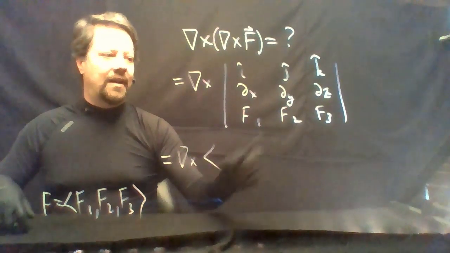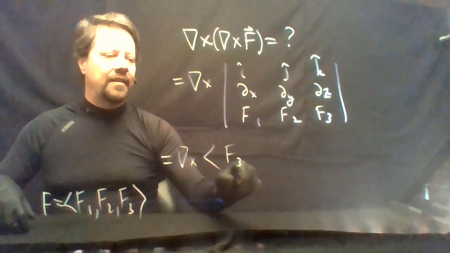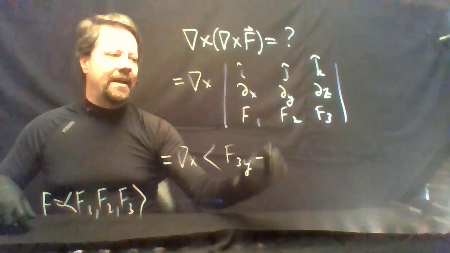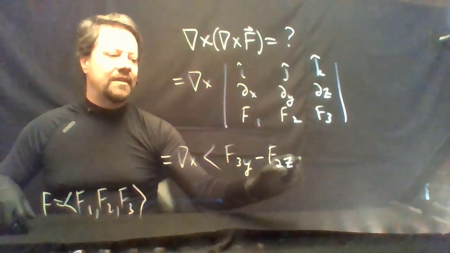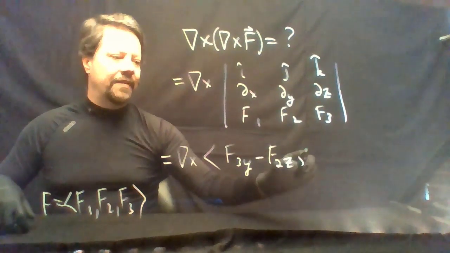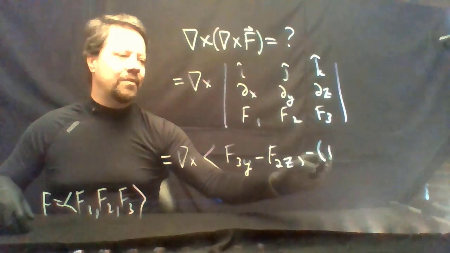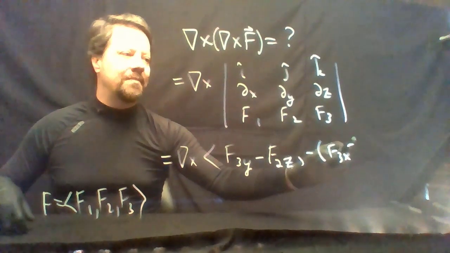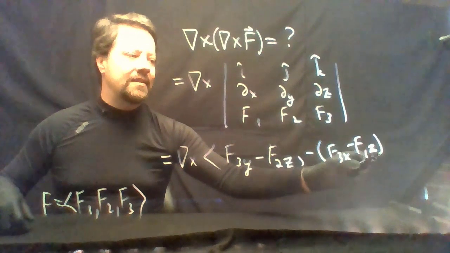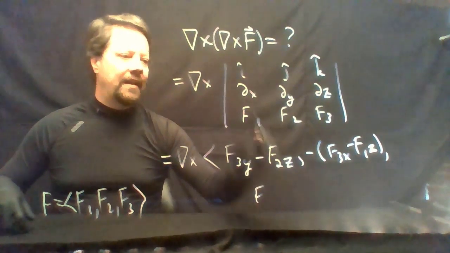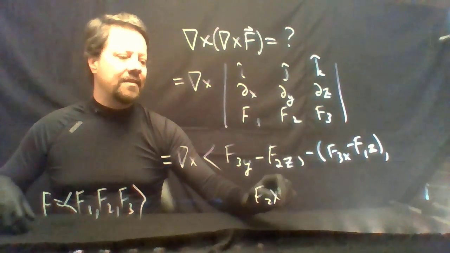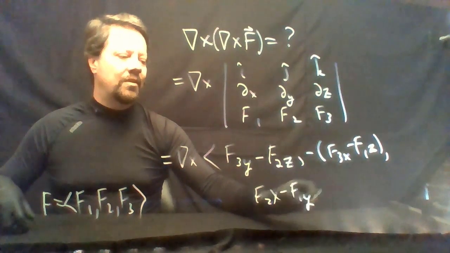That is, f3y minus f2z. Don't forget a minus on the middle cofactor. We have f3x minus f1z, and then f2x minus f1y.